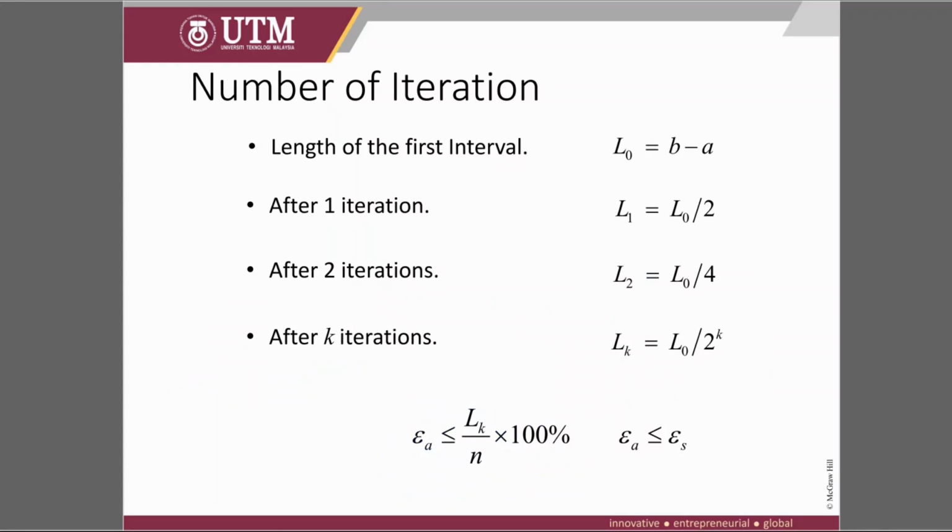Now this is the number of iterations needed. Maybe we can do some calculation and see if the number of iterations required matches our calculation. So let's go back to my Excel.